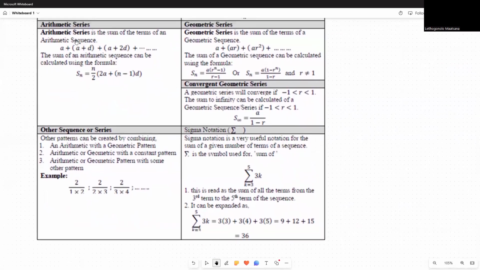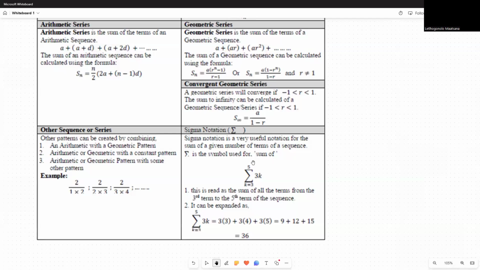Now, in terms of our series, we have a sigma notation that we can write them in, because we understand that a series is the sum of the terms. The sigma notation is a very useful notation for giving the sum of a given term.